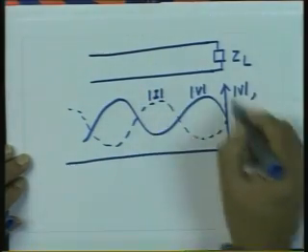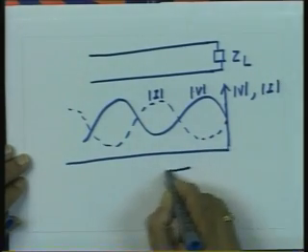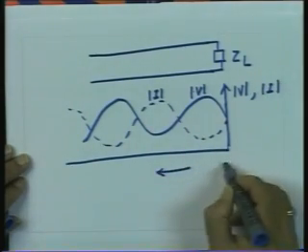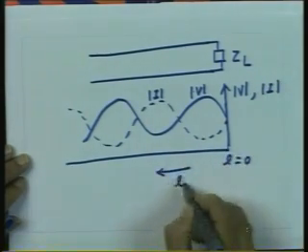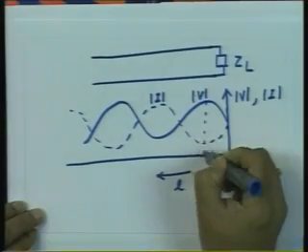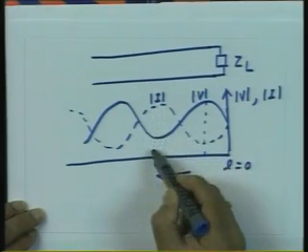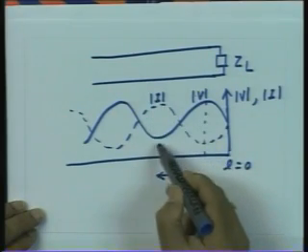So, this plot we are having mod V or mod I as a function of distance. This is L equal to 0 and distance is measured towards the generator. So, this location here I get voltage maximum and current minimum. When I go here, I get current maximum and voltage minimum.